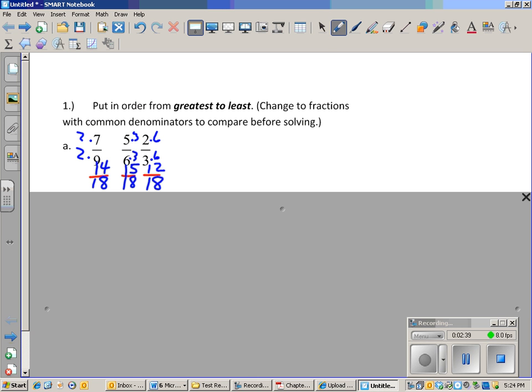And then what I'm going to do is I'm going to look, since I had greatest to least, I'm going to make sure I write down G to L so I don't forget. And I'm going to look for my greatest fraction. Well, 15/18 was, but that's not what they asked. They asked out of these fractions up here, which one is the greatest? Well, since these two belong together, it's 5/6 is my greatest.